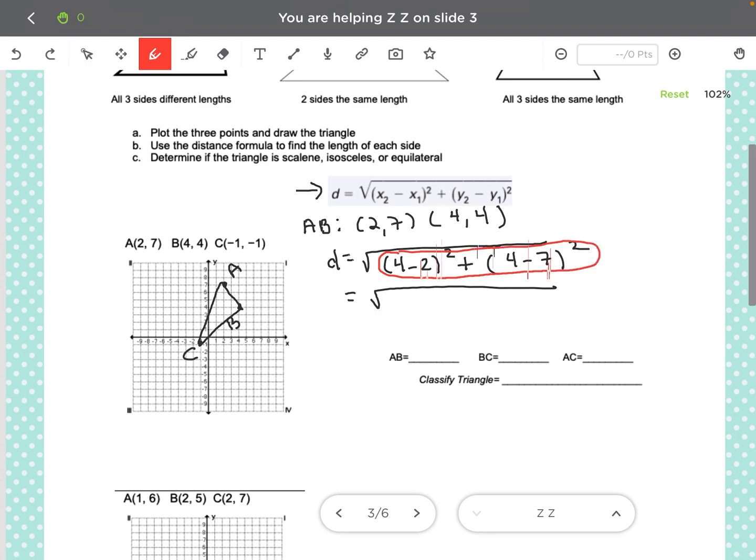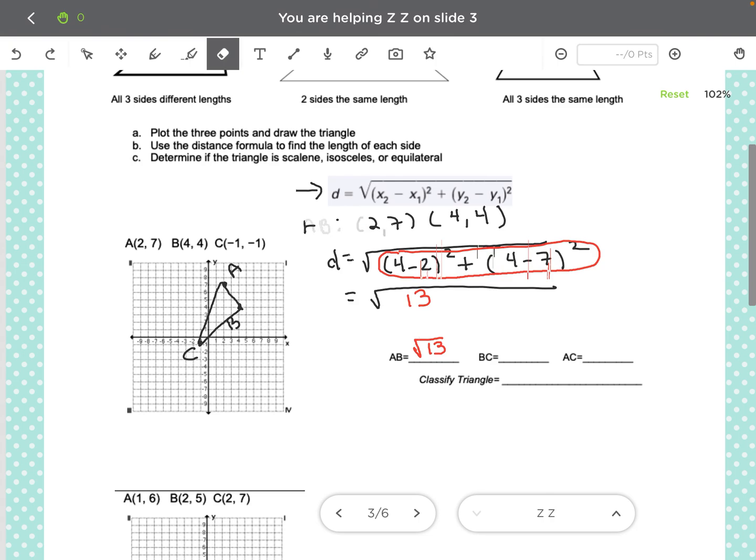Remember, don't type in the square root symbol, just type in parentheses 4 minus 2 squared plus parentheses 4 minus 7 squared. And if you type that in, what you're going to get is, this is 2 squared, which is 4. This is 9. You should get 13 underneath that square root. So the distance between A and B is going to be the square root of 13. And we're going to leave it like this for right now.